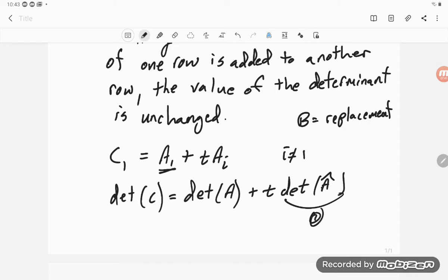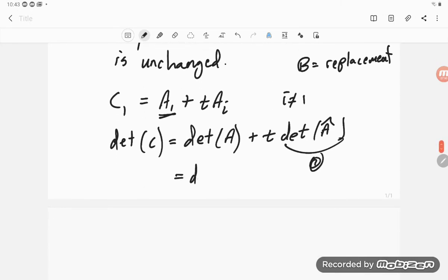Okay, so that determinant had to be 0, so determinant of C is no different than the determinant of A.